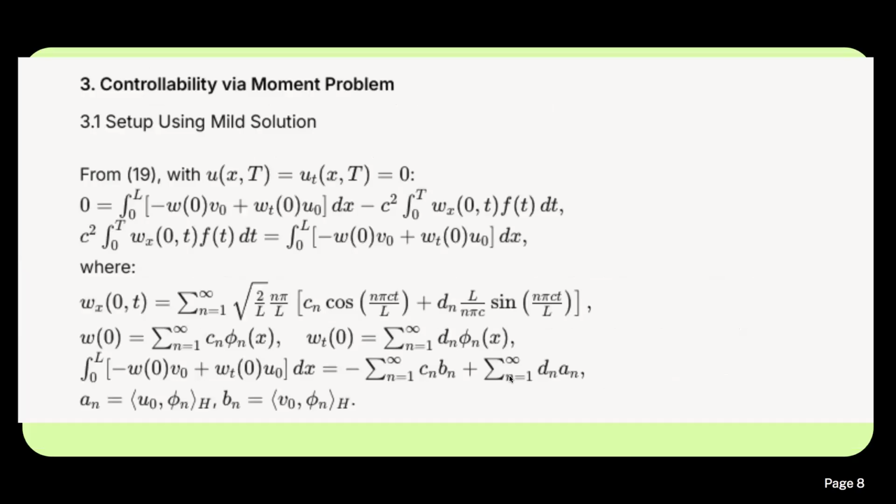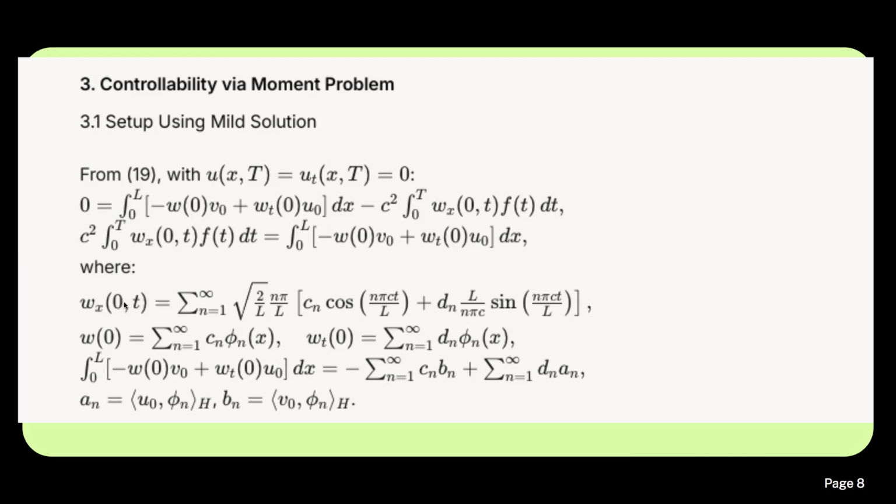Since we have the mild solution of system 1 to 4, our target is U(x,T) and UT(x,T) equals 0, right? Then if we use this target, 19 becomes this functional equation.